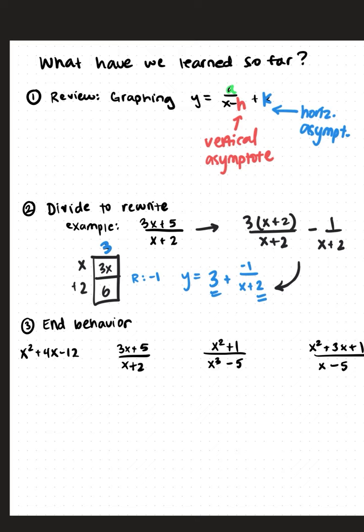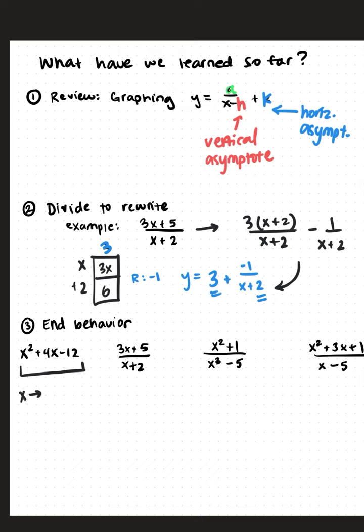Finally, the last thing that we talked about was end behavior. When you're talking about end behavior, that always means you're deciding what's happening for very, very large values of x and very, very big negative values of x. For example, the first one that we did was x squared plus 4x minus 12. As x gets bigger and bigger, it turns out the same thing happens to the y value.